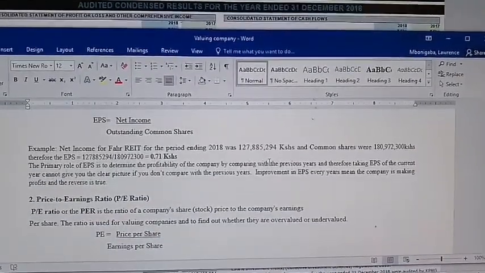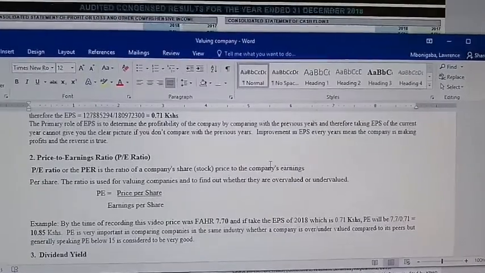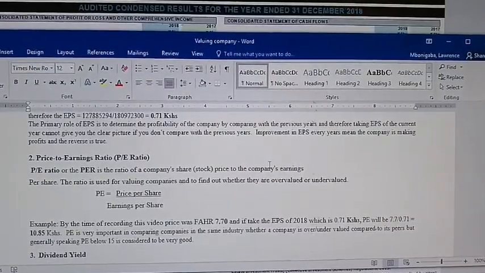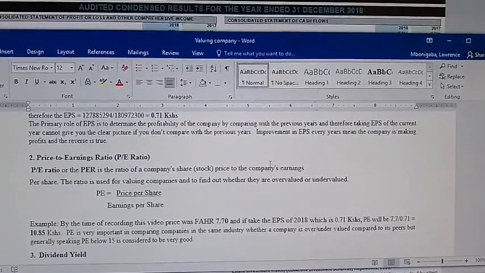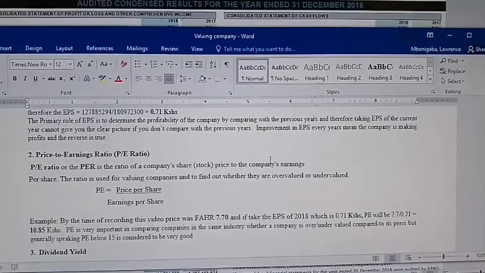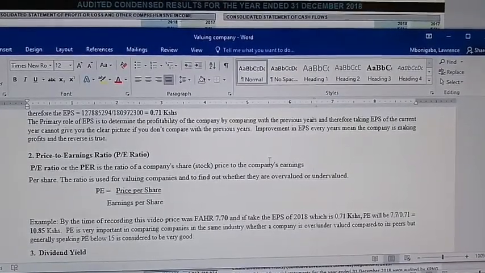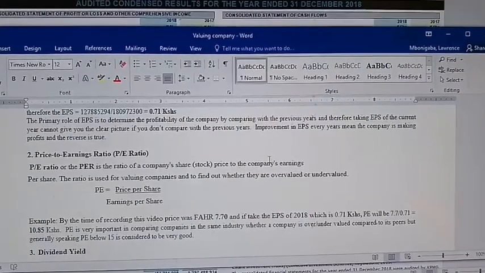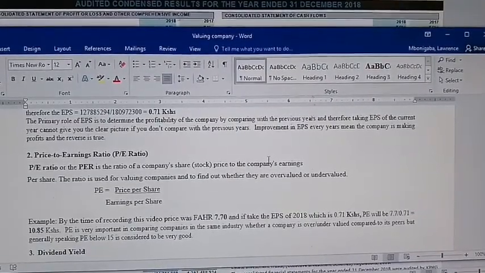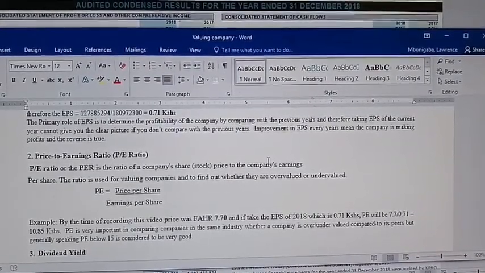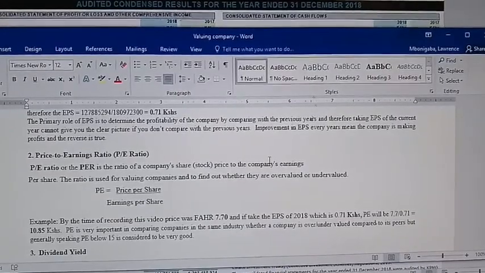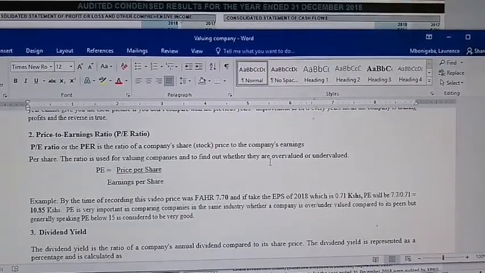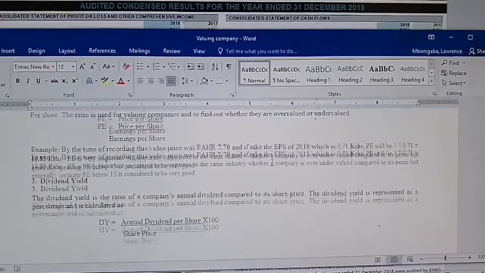Because it has been performing extremely well, so people are willing to pay a price for that growth. There are other companies, like Centum, which is undervalued mainly because it does not pay dividends, yet it is a very good company. So there are many reasons that push down the price to book value.